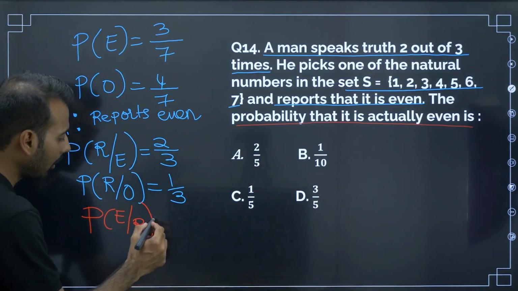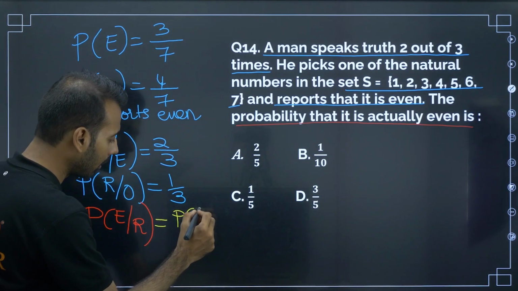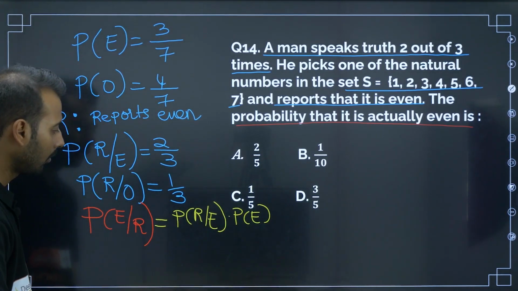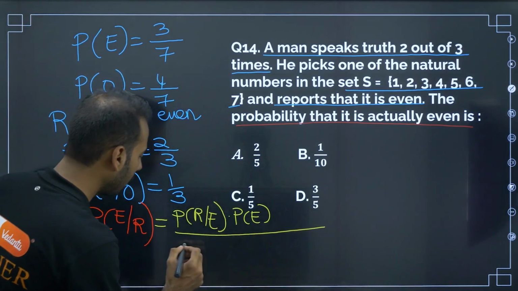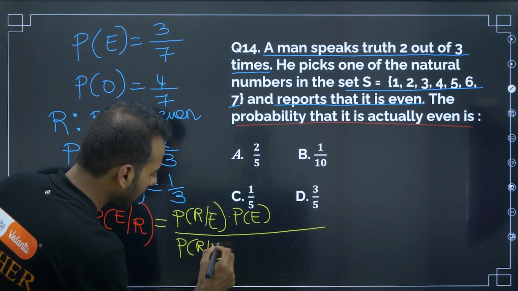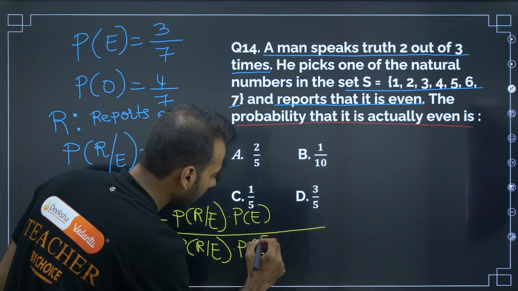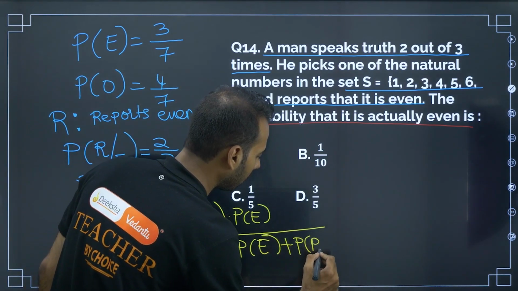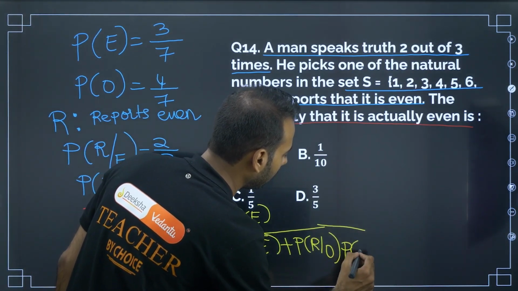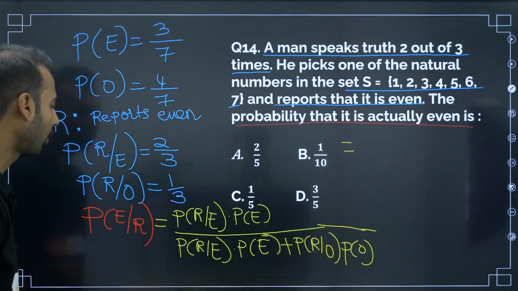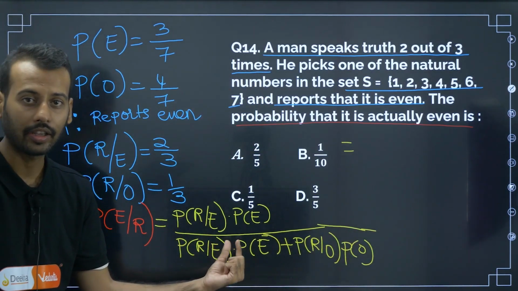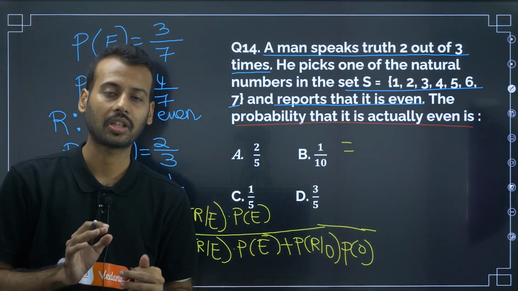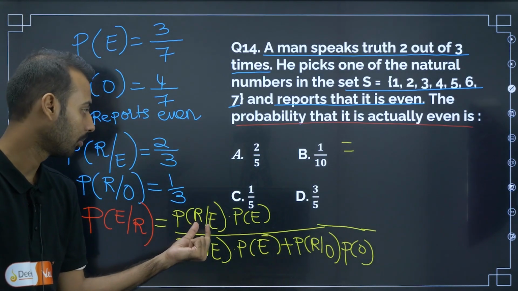So probability of E given R: the formula is probability of R given E dot probability of E, divided by probability of R given E dot probability of E plus probability of R given O dot probability of O. I am requesting you, Bayes theorem is very important in CET, that will definitely come. So please practice it.